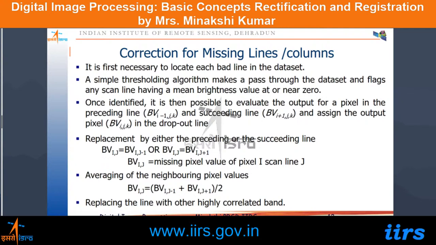That means if every 16th line is dropped, the 15th detector and the first detector are not faulty, so you can take the preceding line and the succeeding line. So you can replace the bad line with either the preceding line or the succeeding line, or you can take the average of the two. Or you can replace the line with the highly correlated line. So these are the mechanisms for missing lines and columns.